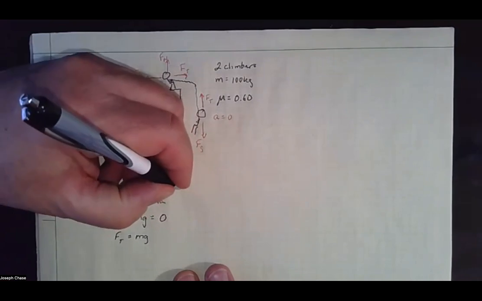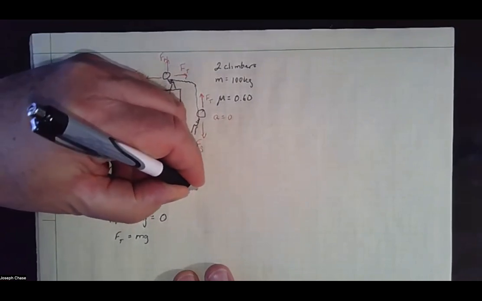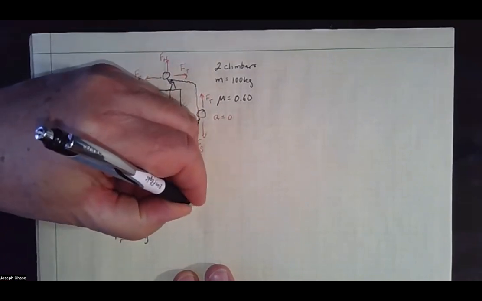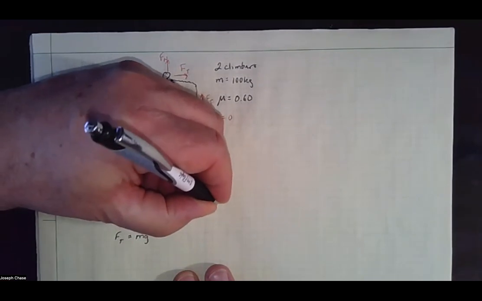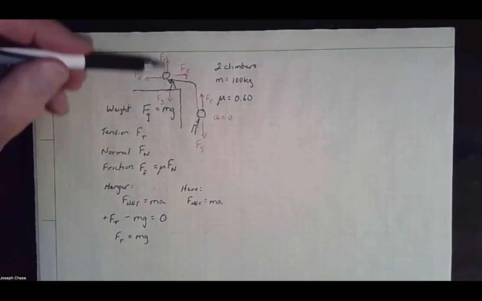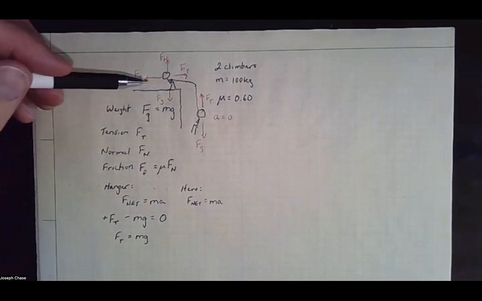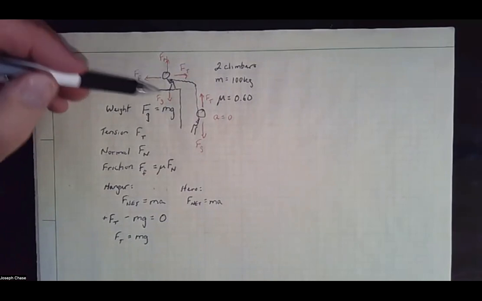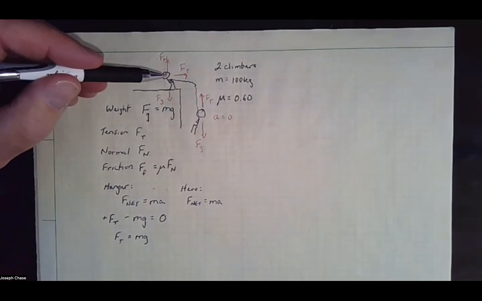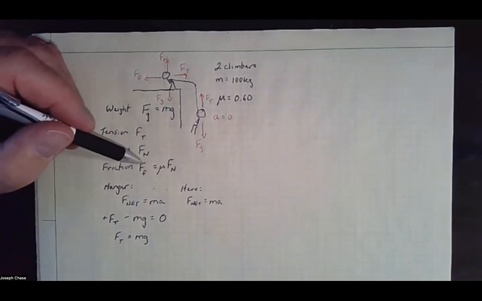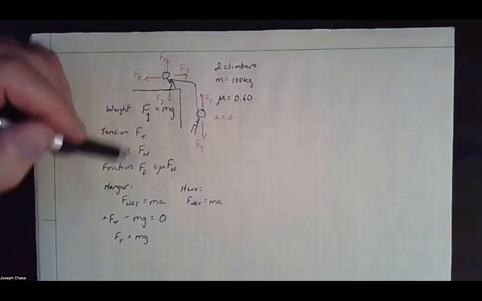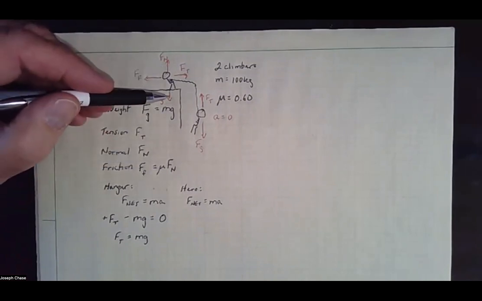Now, for our friend up here, well, let's call them the hero. Yay. And same thing, F net equals ma. And now we want to identify the forces that are happening here. Now, this has just got 4 forces, 2 vertical and 2 horizontal. In a situation like this where something's resting on a surface, what we can take away from this is that the force of friction, well, we need to know what the normal force is in order to figure out friction, but the normal force is directly opposite the weight.